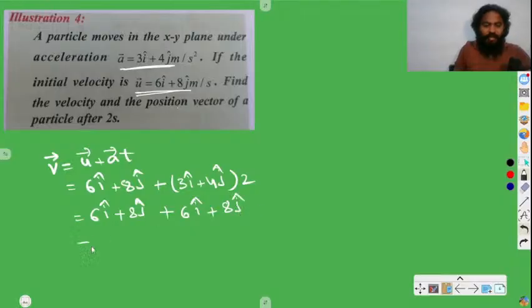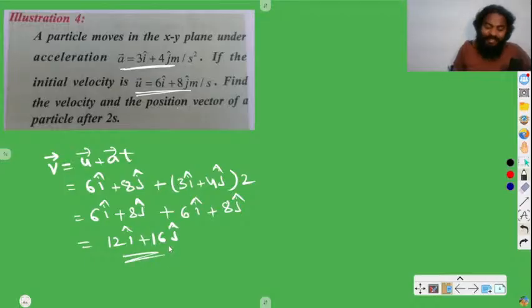Then you will get 12i cap. What is the final velocity vector? It is 12i cap plus 8 and 8, which is 2 8s, 16j cap. So this is the final velocity vector.